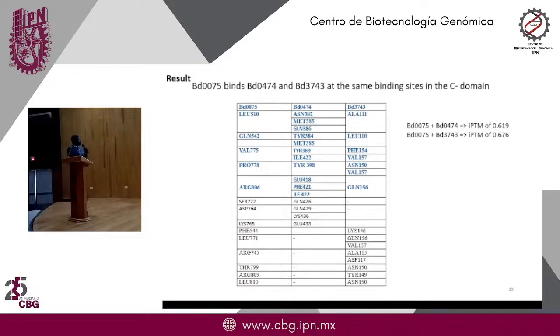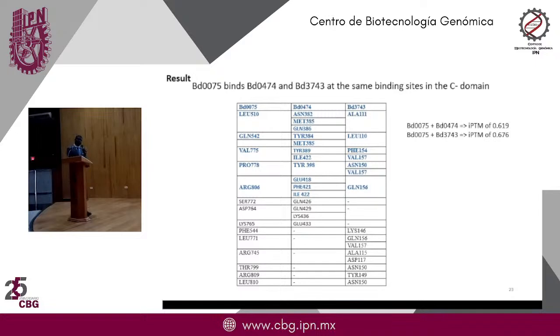So this table shows the amino acid residues that are interacting in BD0075, and here are the amino acid residues interacting in 474. Here are the amino acid residues interacting in 3743. And what we could see was that these amino acid residues, which I have colored in blue, are the same amino acid residues responsible for the interaction in 474 with 75 and in 3743 with 75. And that was an interesting thing that we found.